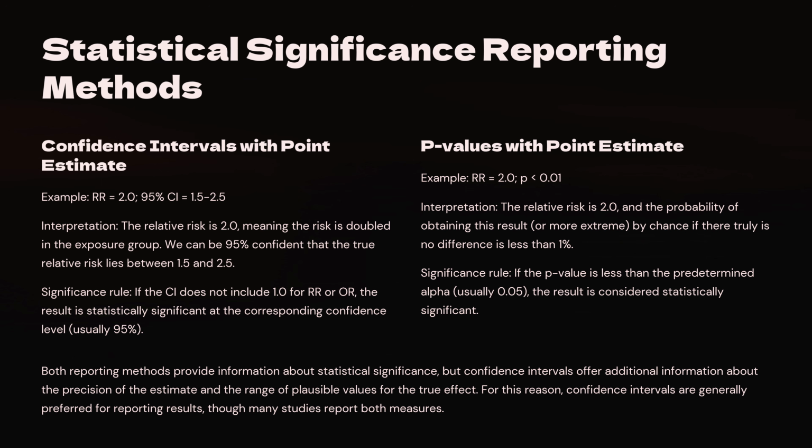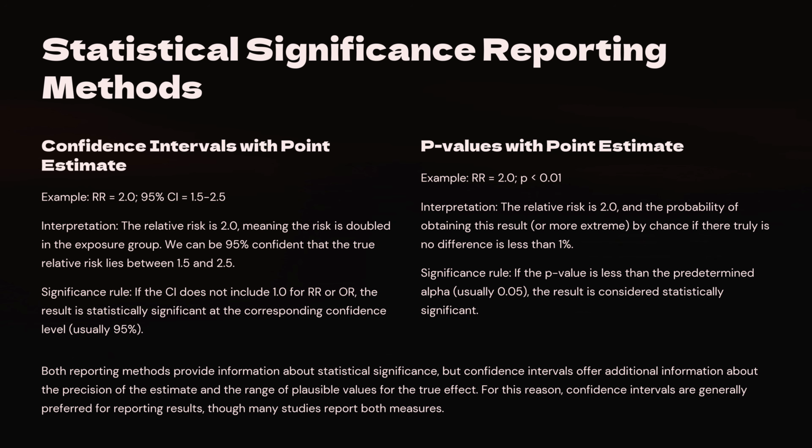In contrast, someone could report the same relative risk in a paper on the right here with a p-value less than 0.01. So again, the relative risk is 2, so the probability of obtaining this result by chance is really less than 1% because the p-value is less than 0.01.